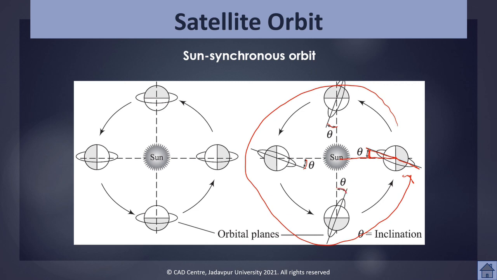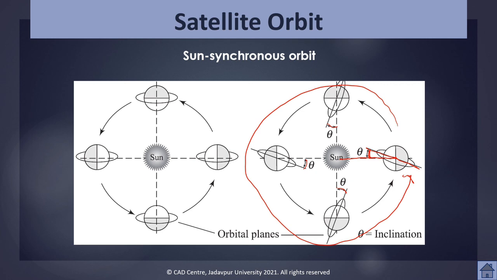Then what is the benefit of doing this? The benefit is, if we maintain this constant angle, the satellite will pass a specific location on the earth's surface every time at a constant local sun time.